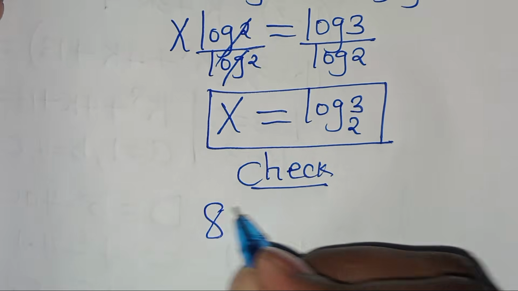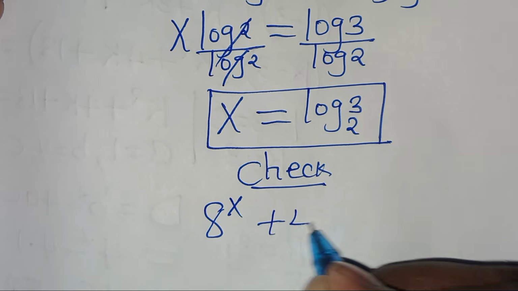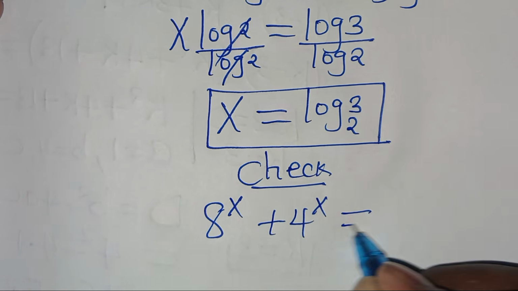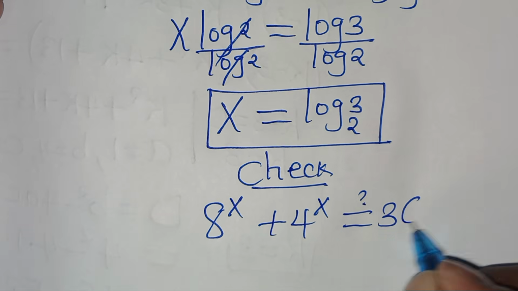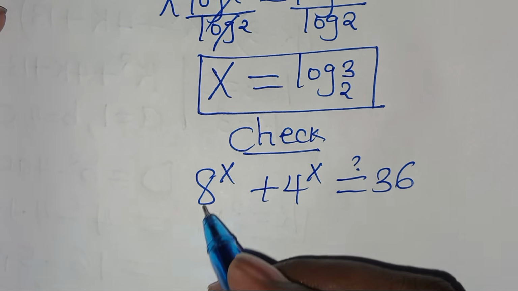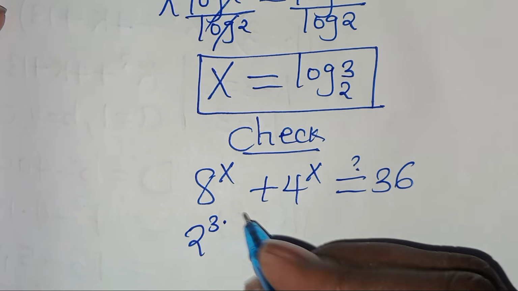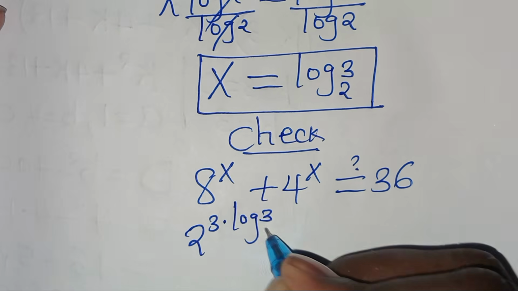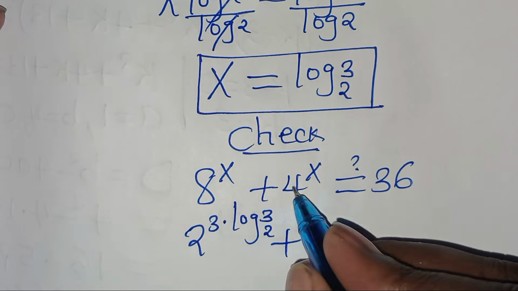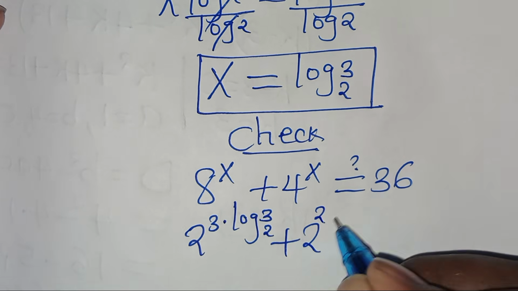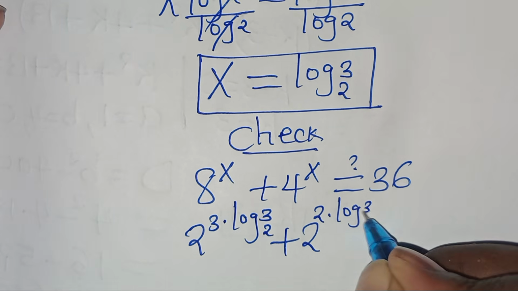We have 8 to the power of x plus 4 to the power of x. This should give us a value of 36. Now 8 is the same thing as 2 to the power of 3, multiplied by x, which is log 3 to base 2, then plus 4, which is 2 to the power of 2 times log 3 to base 2.